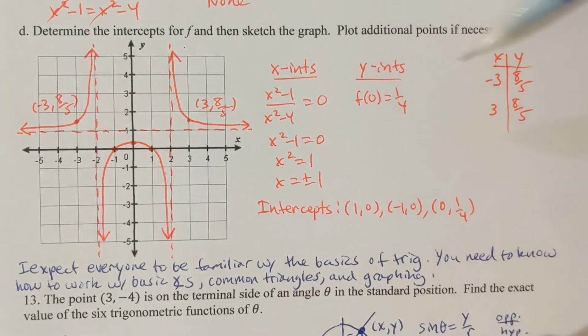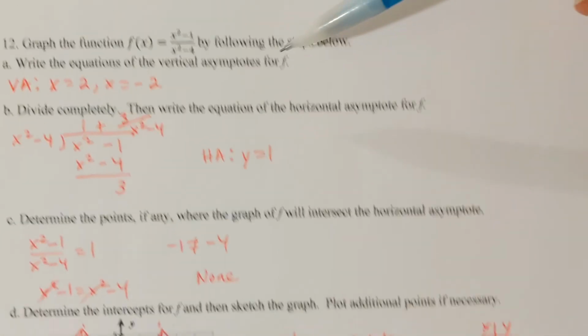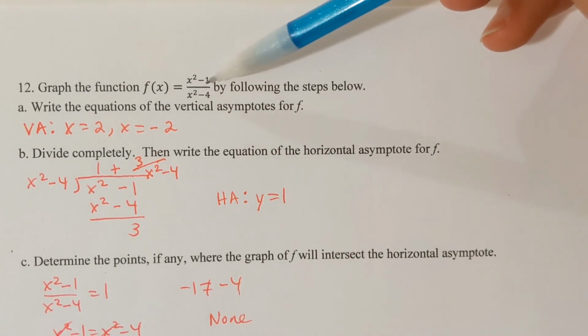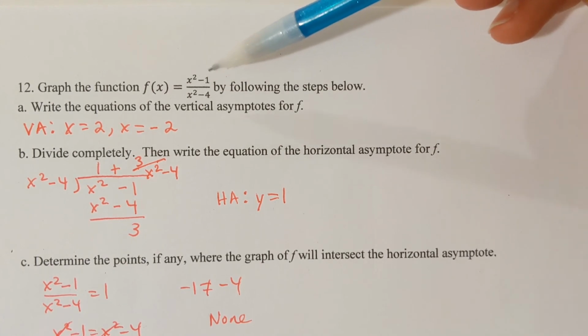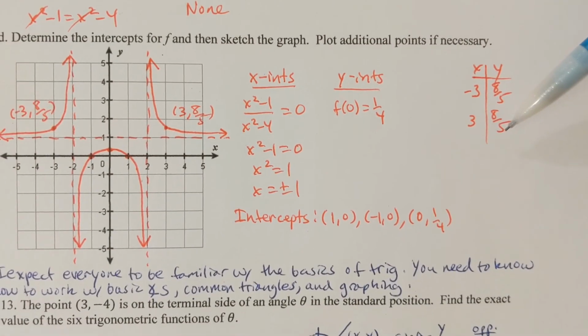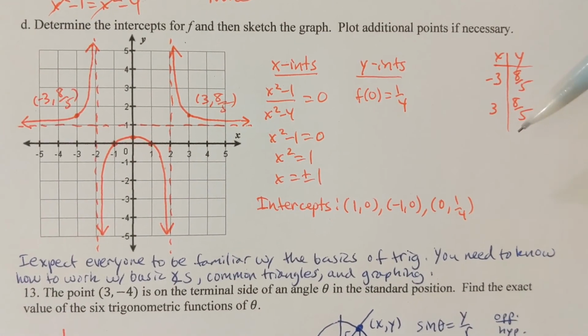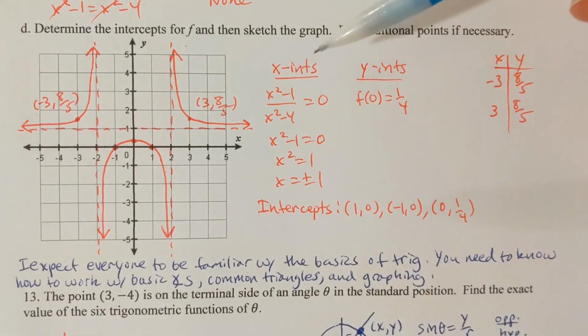Okay. If I were to let x be 3, just to get the other section figured out here, plug in 3. We'll have the same output as when you were using -3, right? Since 3 squared is 9, 9 minus 1 is 8, 9 minus 4 is 5, right? So you're going to have 8/5 coming out of that function when x is 3, and here's the point 3, 8/5.